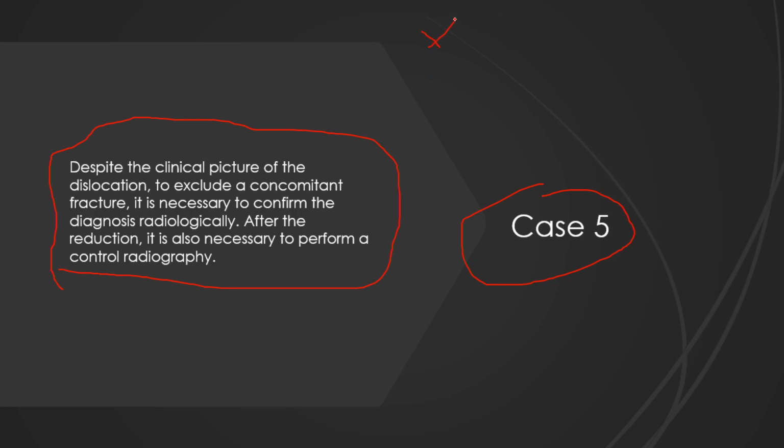At first they need to do an X-ray, then they correct the dislocation, then they do an X-ray again to control whether it is a normal reduction or not. Correction, X-ray. X-ray when you talk about dislocation.